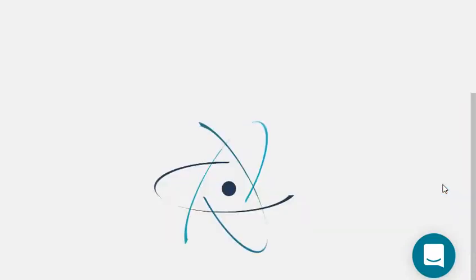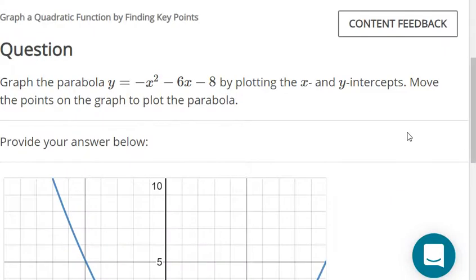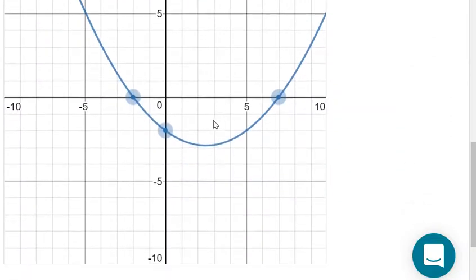Okay, let's keep going. Graph this one by plotting the x and y intercepts. Move the points on the graph to plot the parabola. Okay, same kind of thing. It's actually going to work out a little bit different. That's okay.